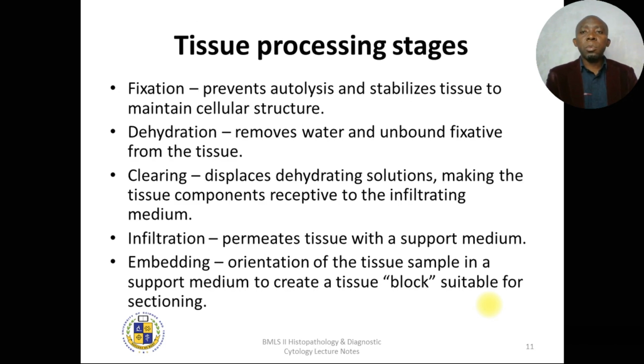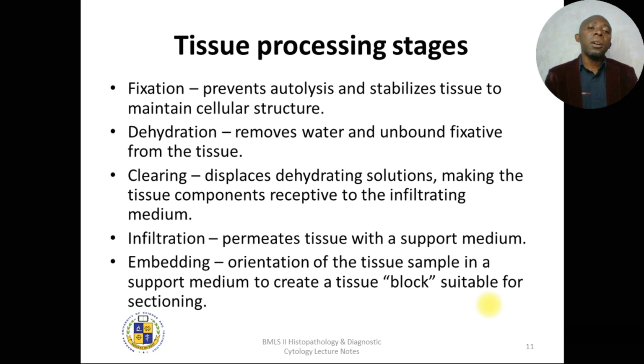So we need to look at the tissue processing stages, just like I mentioned before. In these stages we have fixation, which prevents autolysis; dehydration, which is for removing water; clearing, which is displacing the dehydrant, and we shall look at the different dehydrants; and then infiltration, which permeates the tissue with a supporting medium.